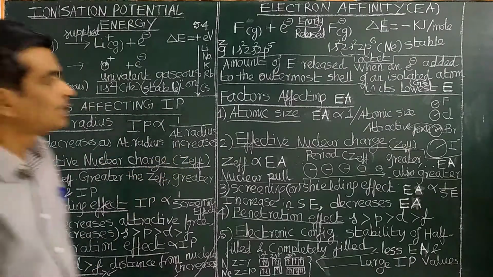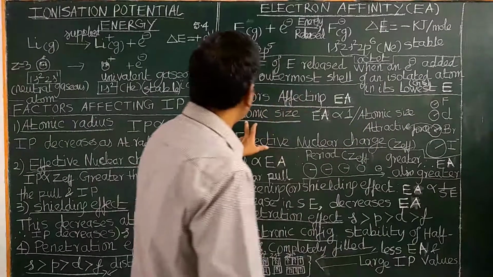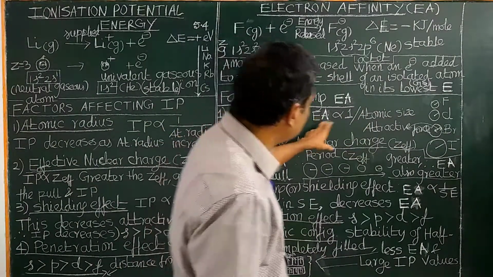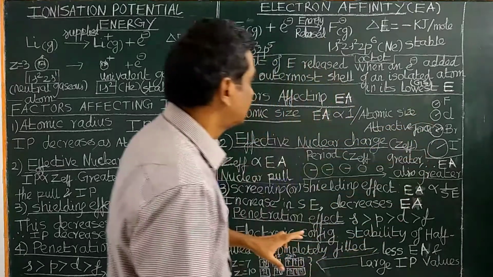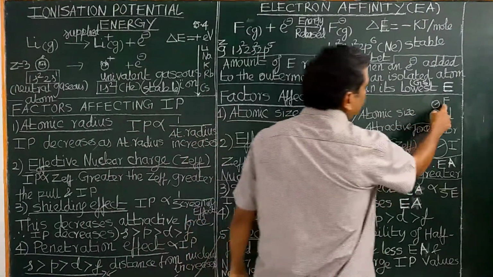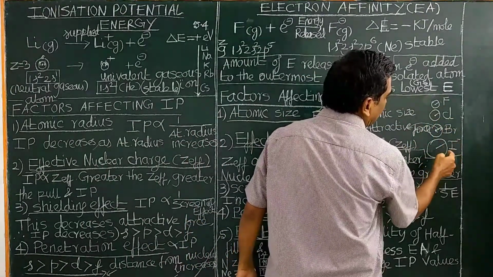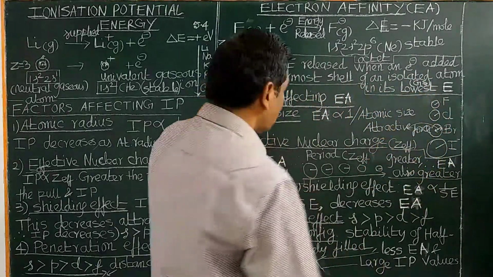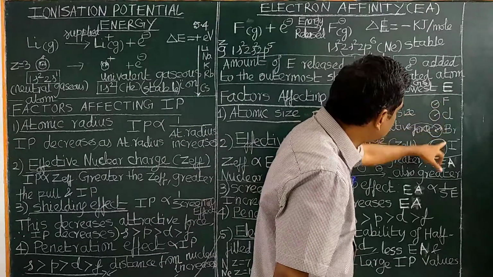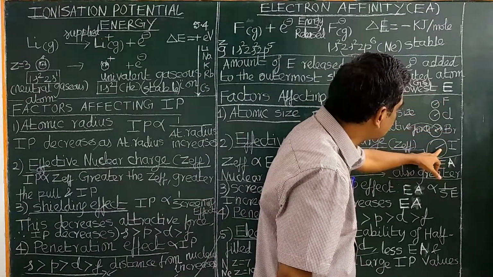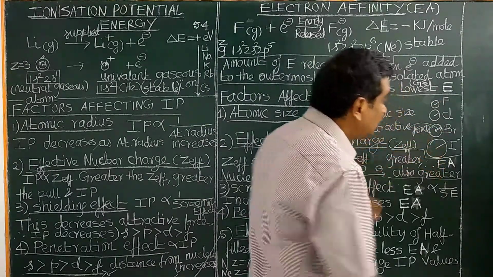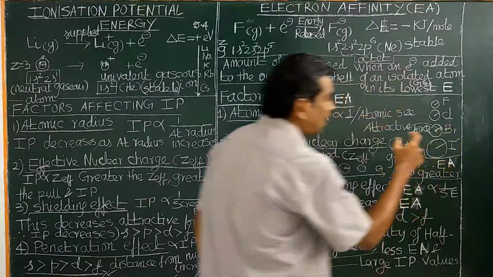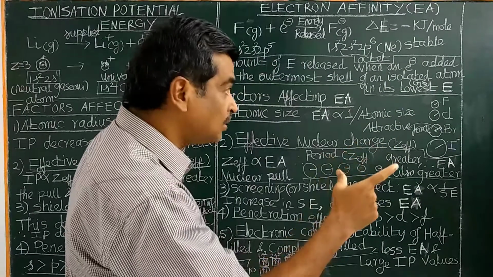Similarly, electron affinity is inversely proportional to atomic size. Here you see fluorine, chlorine, bromine, iodine. As we go down in the group, the atomic radius increases, so the distance between the nucleus and the outermost added electron is large.